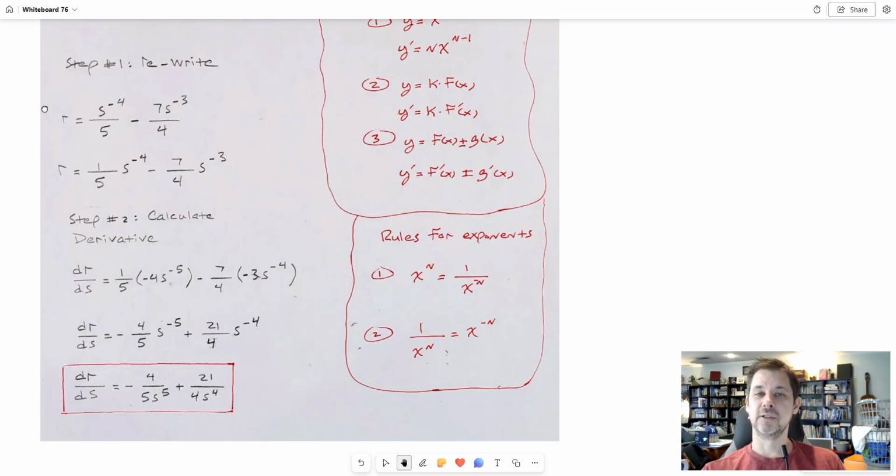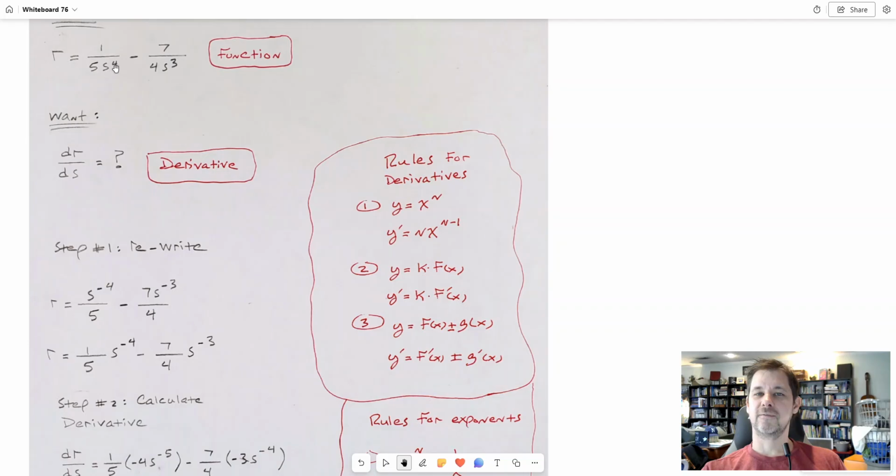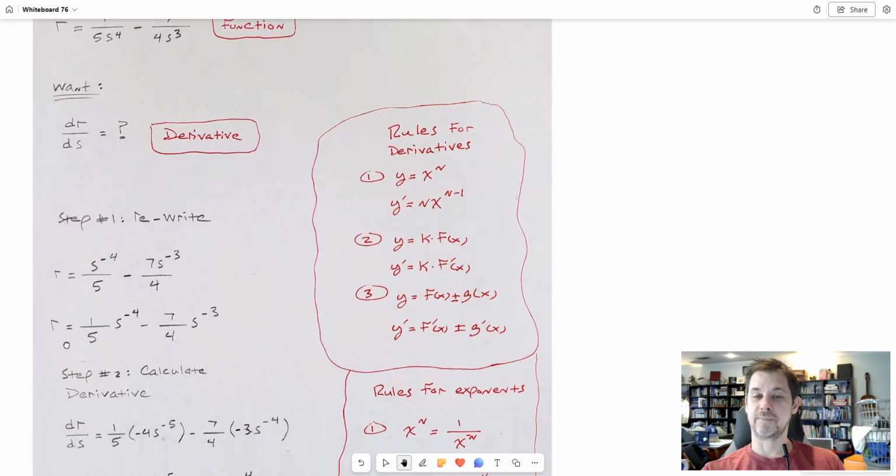So here goes. In order to rewrite this original function in a way that this rule applies, I will go like this. I'll say, okay, if I have s to the 4th power under the bar, that means I have s to the minus 4 power above the bar. If I have s to the 3rd power below the bar, that means I have s to the minus 3 power above the bar. Okay?